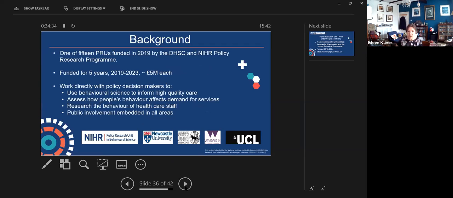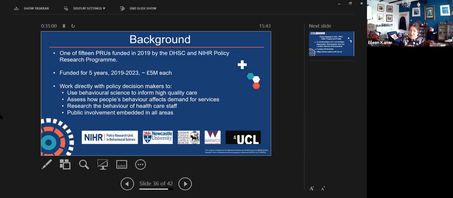And what this is trying to do, the Department of Health and Social Care with NIHR, the National Institute for Health Research, they funded 15 of these policy research units for 5 years, gave them all £5 million. And these units have scientists who work directly with policymakers in central government, really trying to understand what are the issues that our government needs addressing.